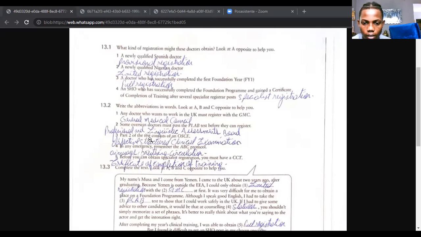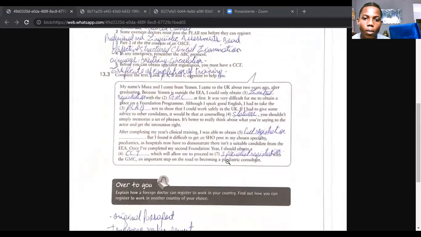Part two of the test consists of an OSCE, objective structured clinical examination. In any emergency, remember the ABC protocol: airways, breathing, circulation. Before you can obtain specialist registration, you must have a CCT, certificate of completion of training. Complete the text, look at A, B, and C opposite to help you.